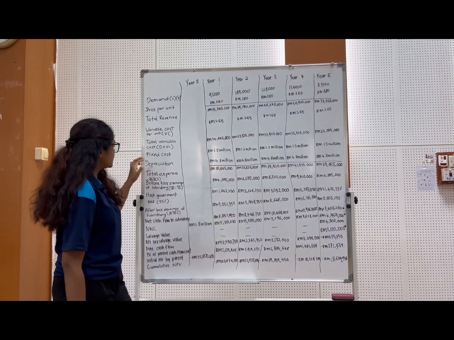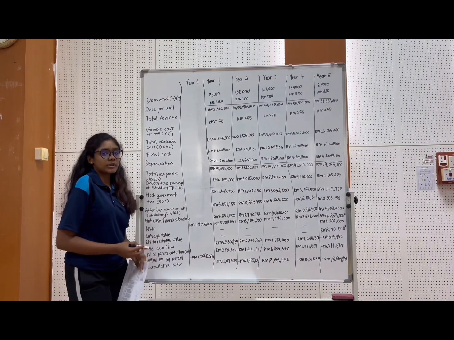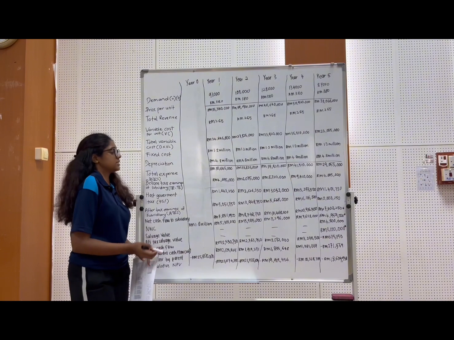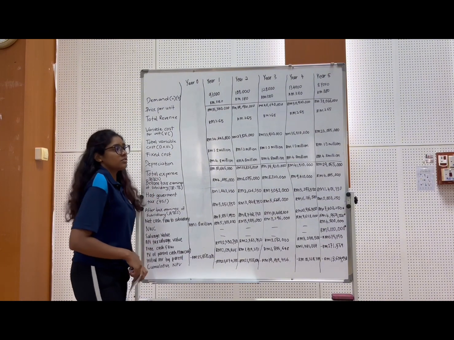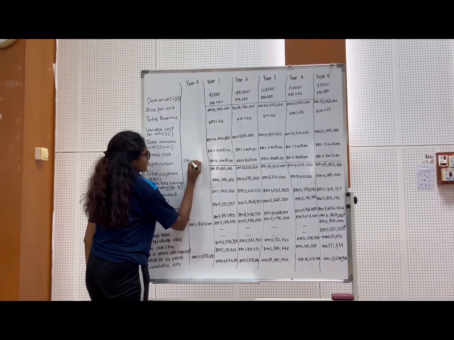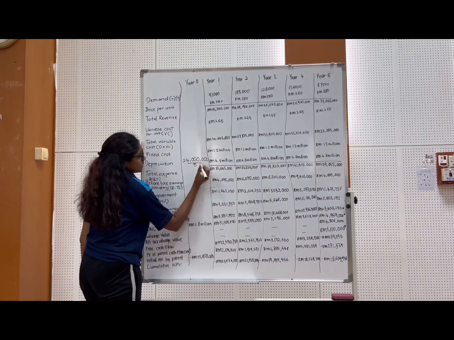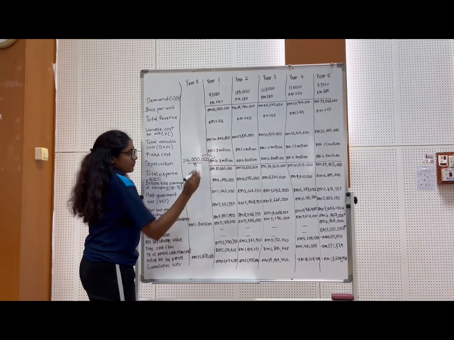Moving to the next one is fixed cost. Fixed cost is already stated in the question, which is 1.2 million for the rest of the 5 years. Next is depreciation. To find depreciation, we have to take the installed cost, which is 24 million, divided by 5 years. So we will get 4.8 million.